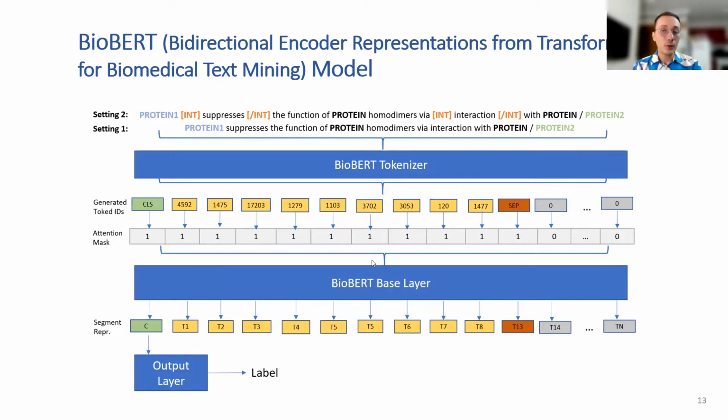Later, we feed encoded sentences to our BioBERT base layer. BioBERT base is a pre-trained language model which is trained on PubMed abstracts, around 4.5 billion words, and it is also trained with some full PMC text articles with 13 billion words. So we fine-tune this pre-trained base layer with our encoded sentences, so that our final model is capable of predicting protein-protein interactions.